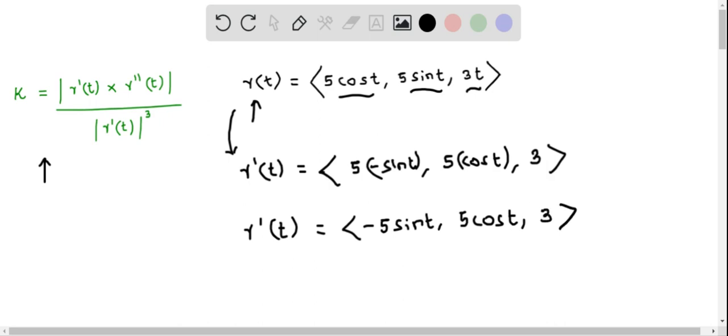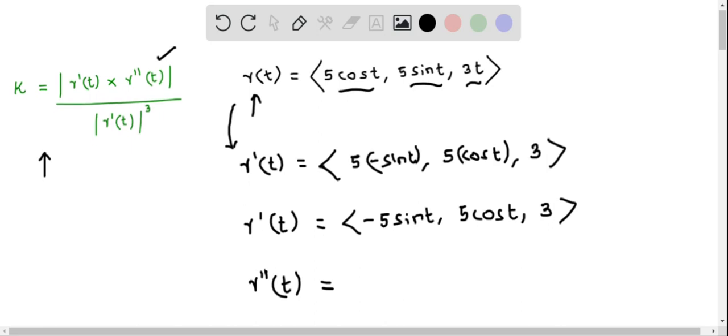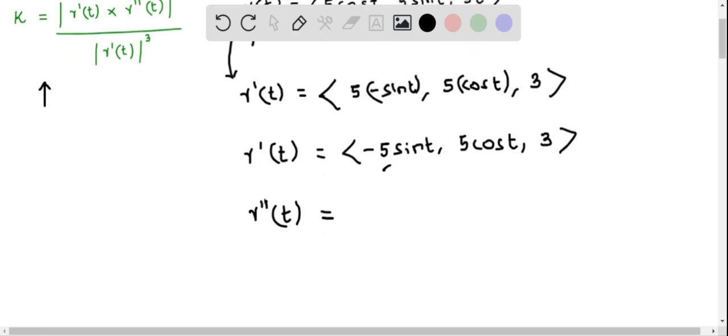3. Now we will find the second derivative since we need this in the formula. So we will find the derivative once again, and this is r double prime of t. Once again, we have to find the derivative of the terms inside the brackets. The derivative of negative 5 sine t is negative 5 times cosine t. Then the derivative of 5 cosine t is 5 times negative sine t.